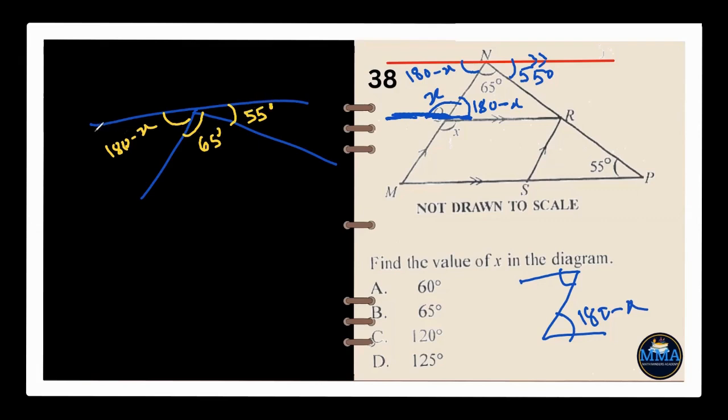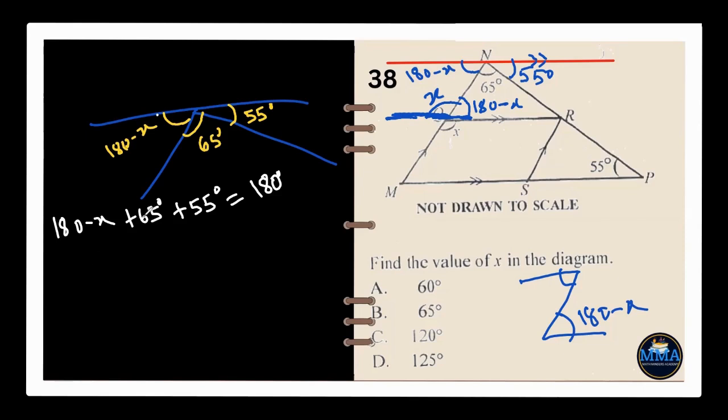And remember, this very line is a straight line. So the sum of angles on that straight line: we have 180 minus x plus 65 degrees plus 55 degrees equals 180, because it's angles on a straight line, three of them.